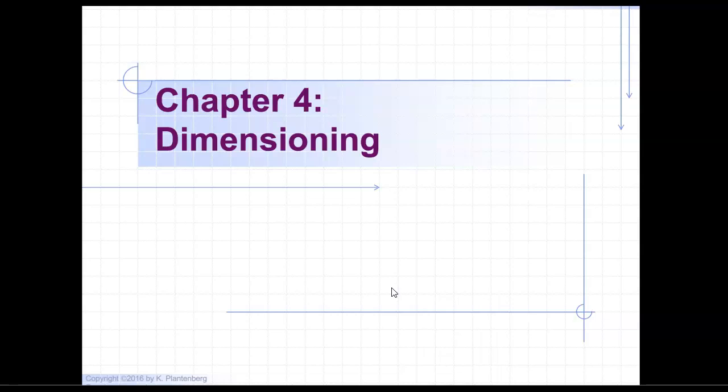Now, as I go through, and we will talk about this, there's a lot of information that is told to the manufacturing company in the way a dimension is placed on a print.